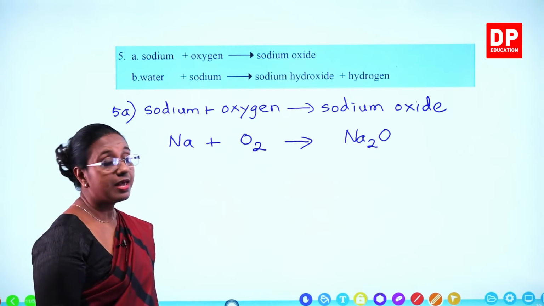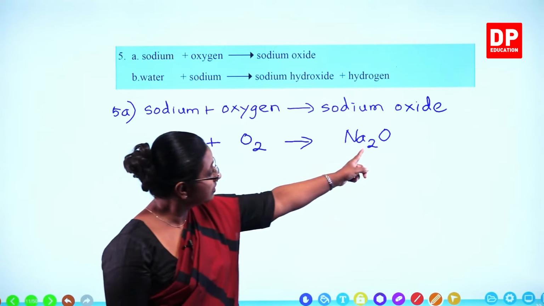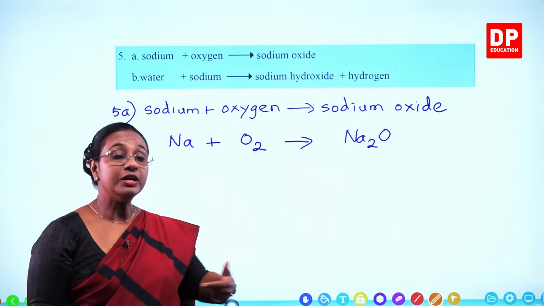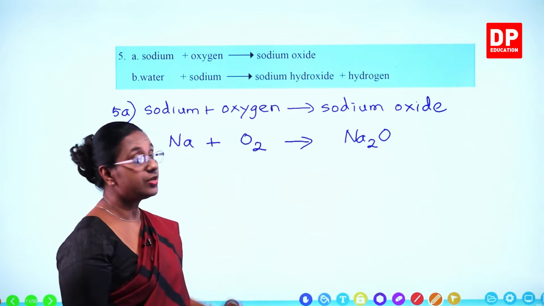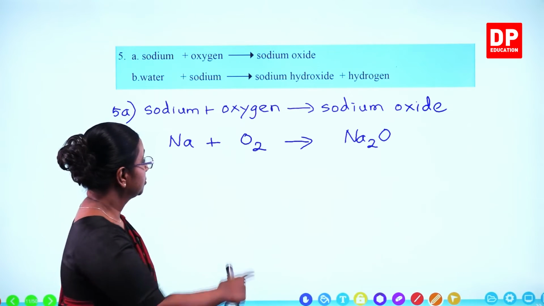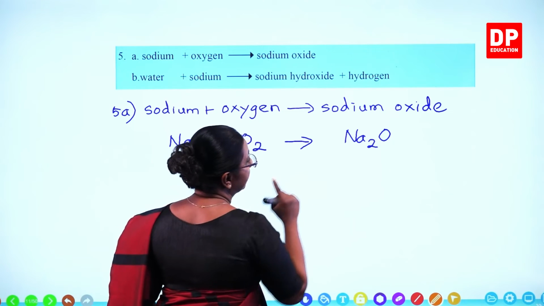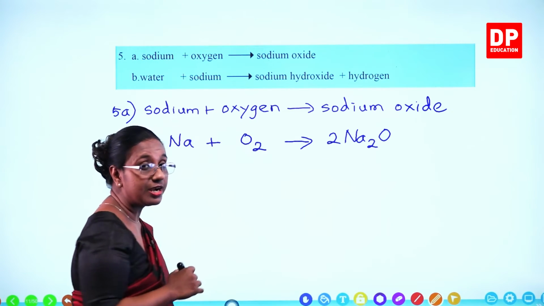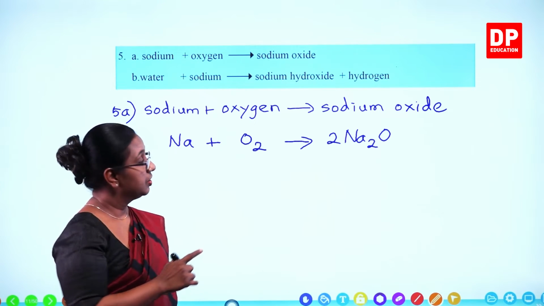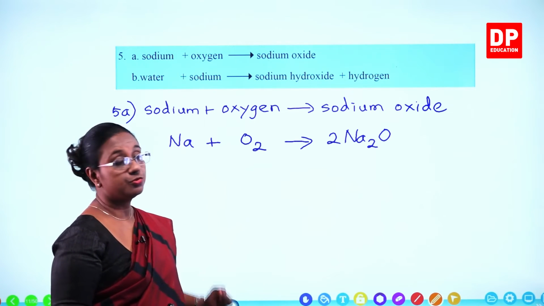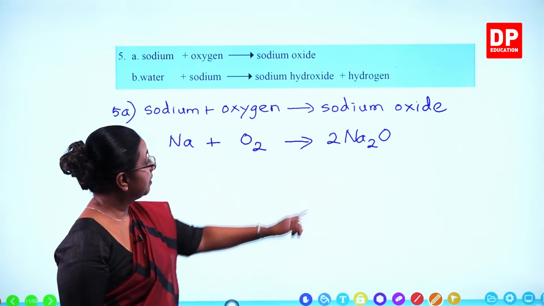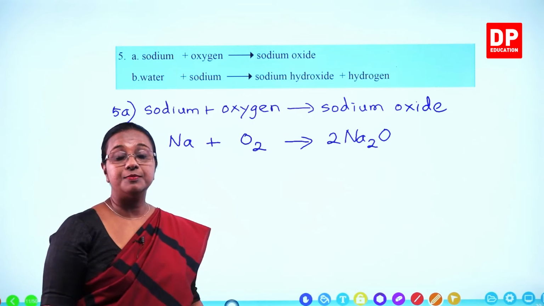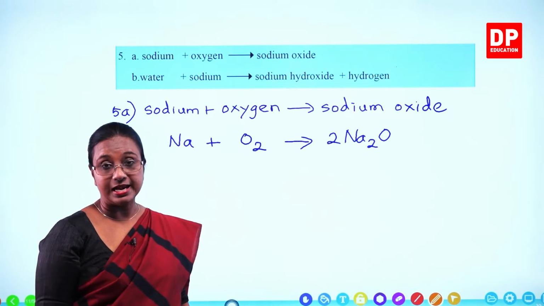At the same time, there are two oxygen atoms here. There's only one oxygen atom there. I told you all before also, it's easier if you balance oxygen atom first. So O2, here there is only one O. So what do we do? We write a coefficient in front of Na2O. So there are two oxygen atoms balanced. But 2 into 2, Na2O, so 2 into 2 sodium, there are 4 sodium atoms.